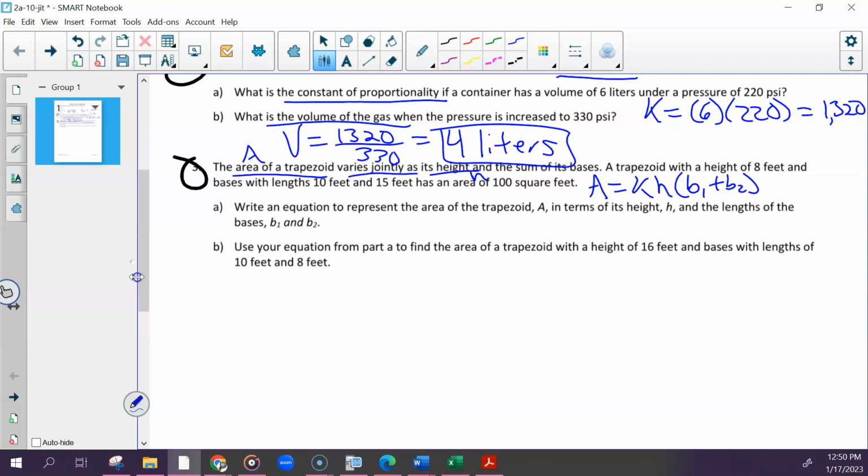Okay. Take the numbers that they give you. This will help us find K to answer part A. A was 100. We don't know K. H was 8. Base 1 was 10. Base 2 is 15.